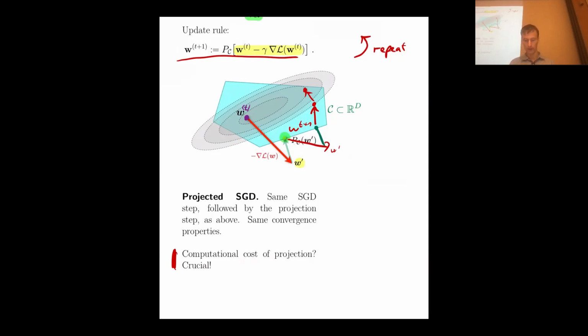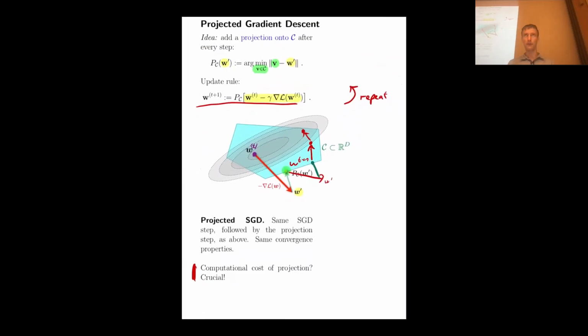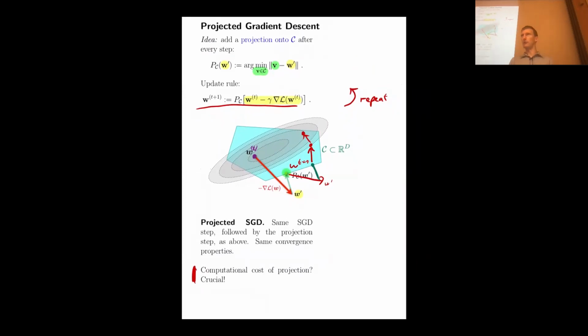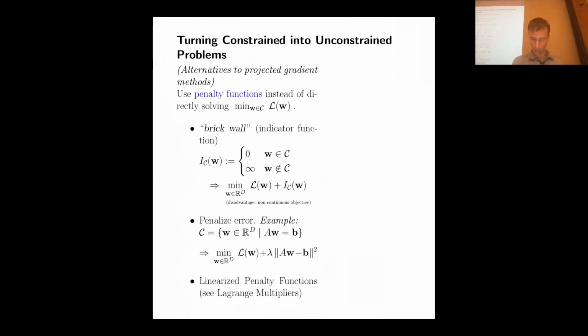But the good thing is that it's actually quite rare in machine learning that we need to respect these so-called hard constraints. It's actually much more convenient practically to treat them as soft constraints, which means you solve a different unconstrained problem, and that's something that we want to discuss now as a second approach.